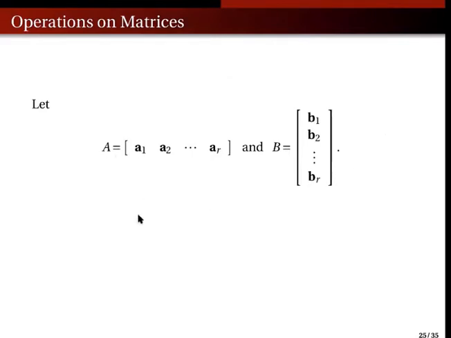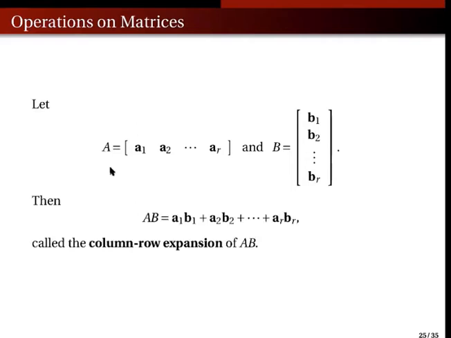So A is in terms of columns, B is in terms of rows. If you multiply AB, what you're actually doing is multiplying the columns of A to the rows of B, like entry-wise multiplication.